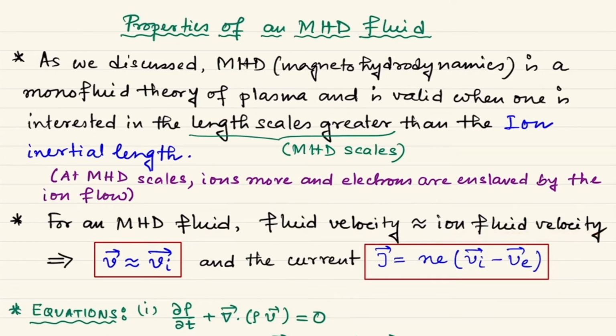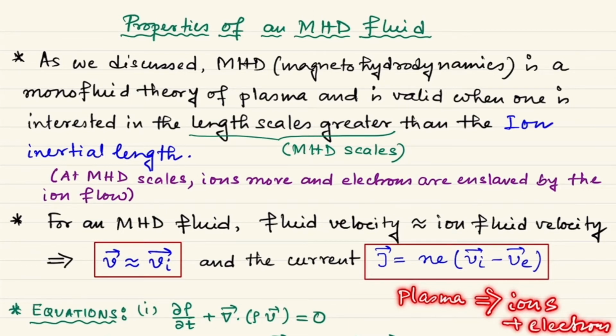That was also evident from the formula for the monofluid velocity, which is nothing but the velocity of the center of mass of the two fluids, the electronic fluid and the ionic fluid. For simplicity, we consider that our plasma is almost perfectly ionized, which is the case when this monofluid model is appropriate, so the number of neutral atoms is negligibly small.